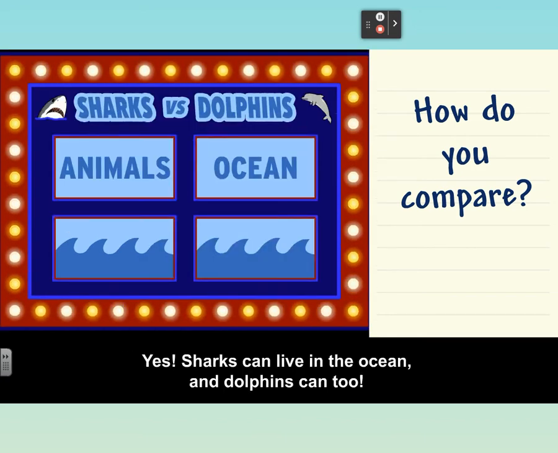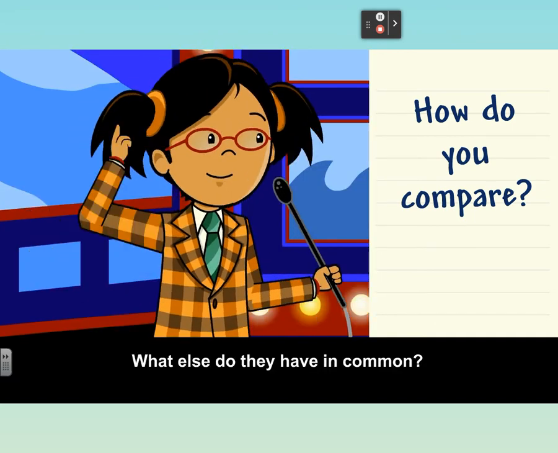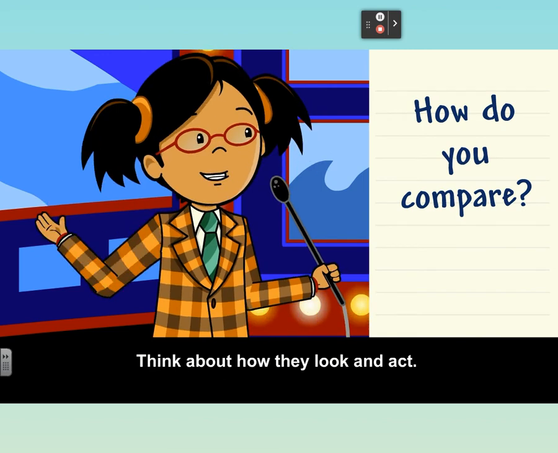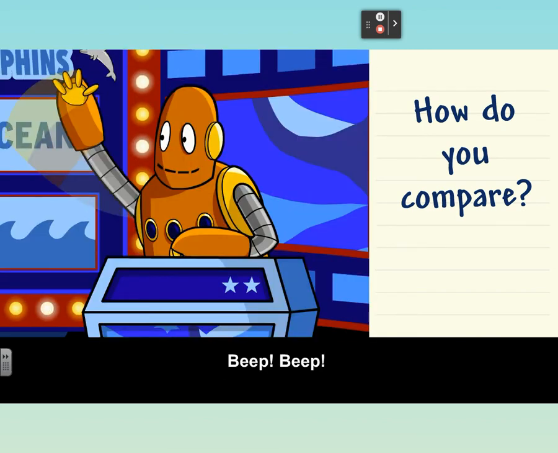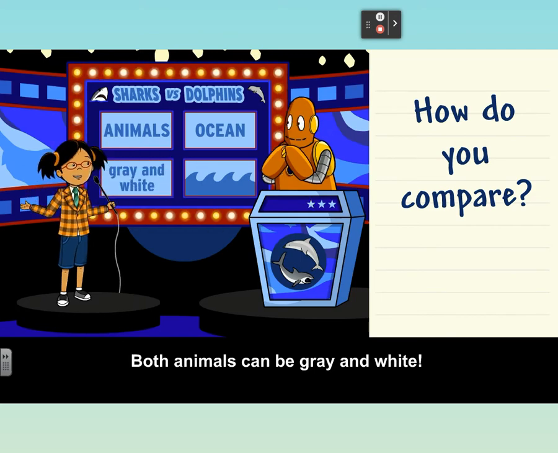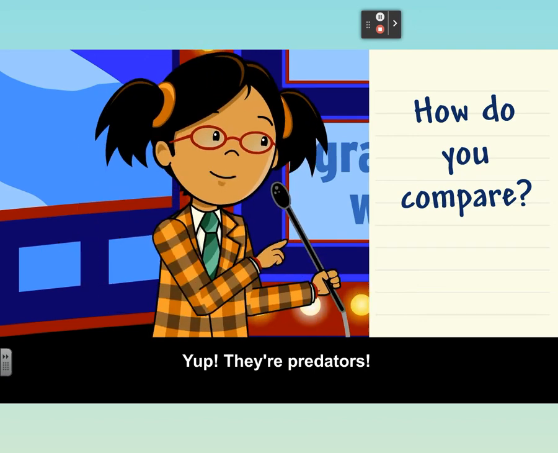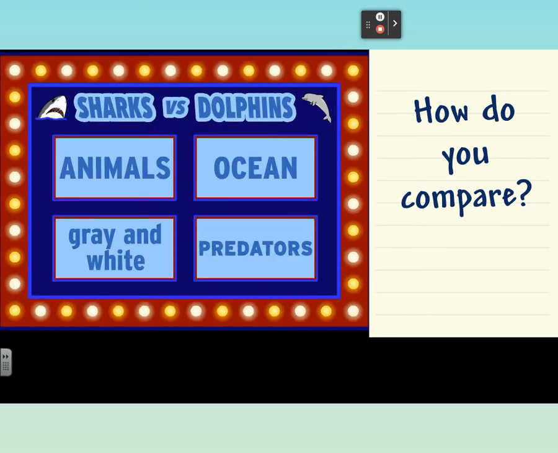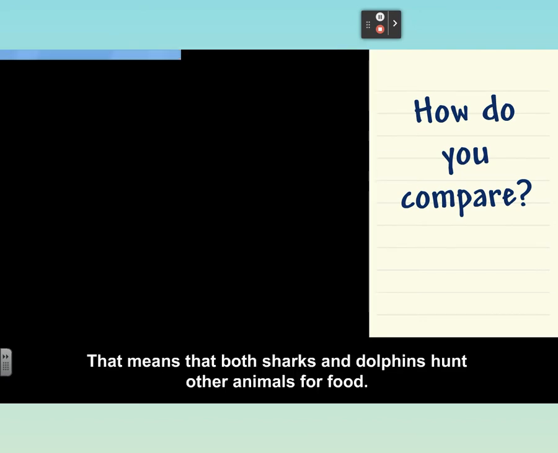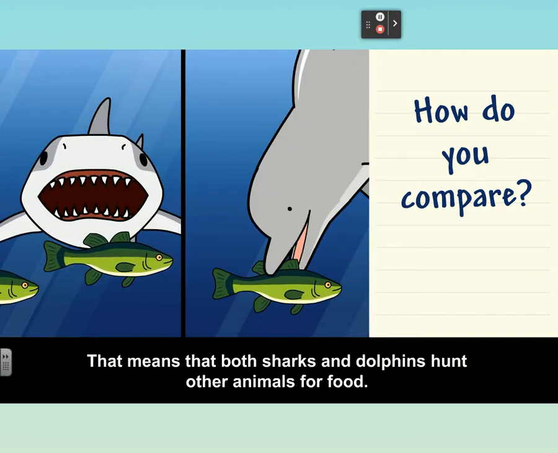Yes, sharks can live in the ocean, and dolphins can too. What else do they have in common? Think about how they look and act. Both animals can be gray and white. Yep, they're predators. That means both sharks and dolphins hunt other animals for food.